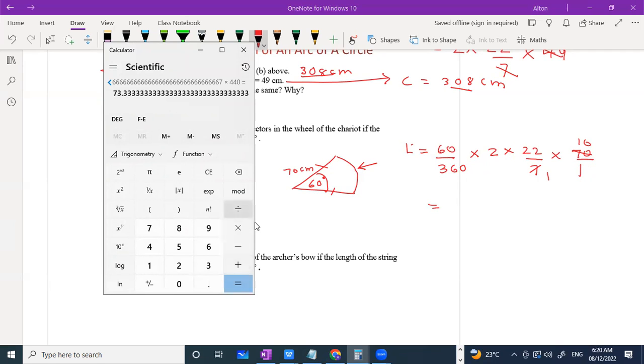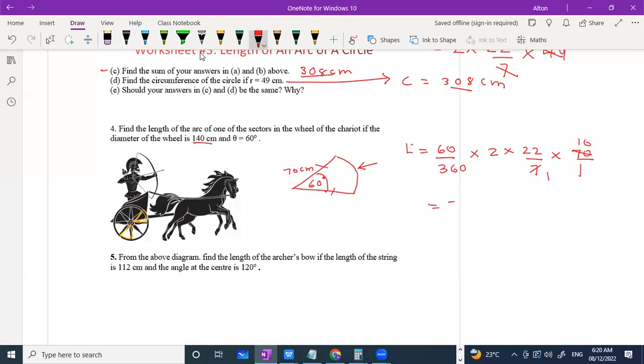And that'll give us 73.3 centimeters. And that'll be the distance for your arc length.